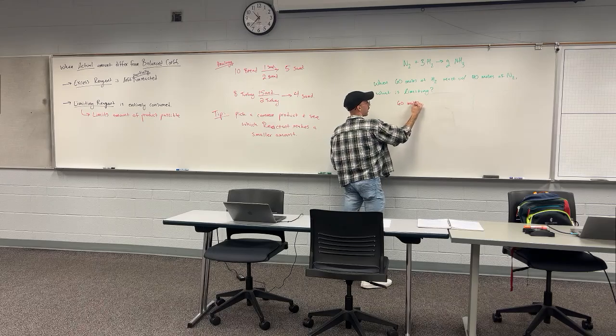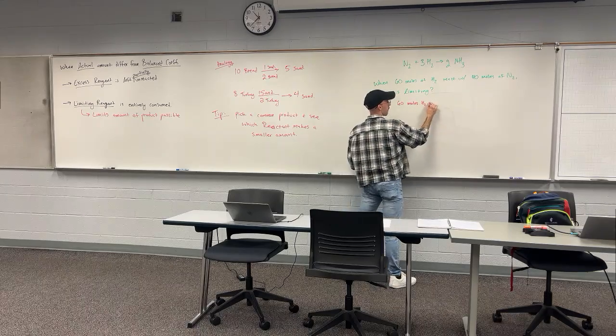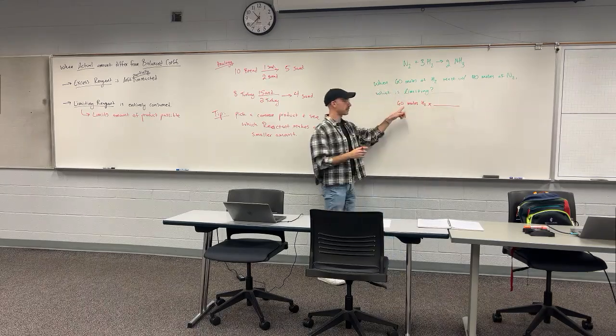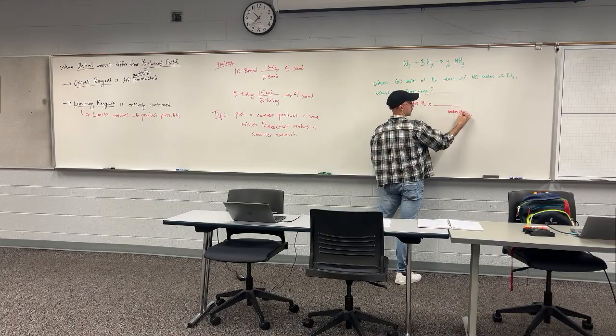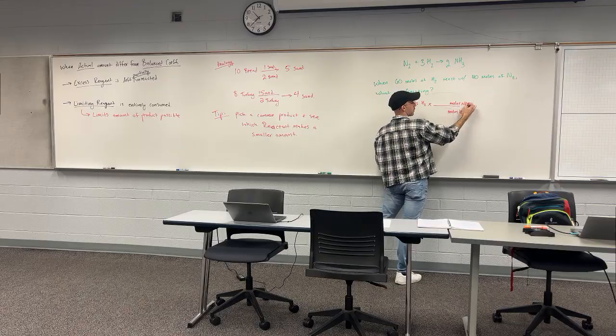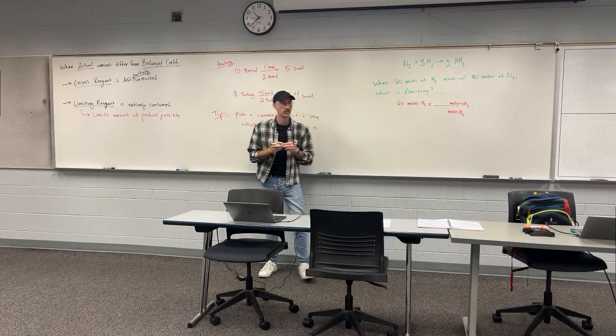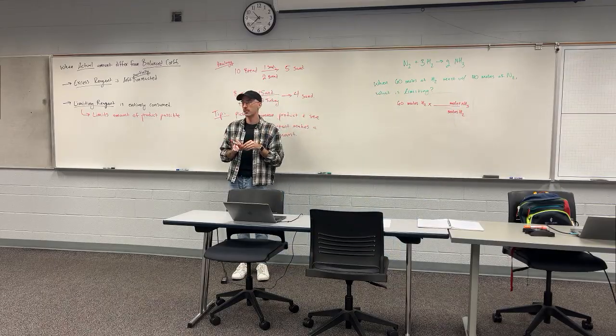60 moles of H2. I need to put moles of H2 on the bottom. And I'm going to convert into moles of NH3. There's only one product, so picking a common product is pretty easy. What are my coefficients here?